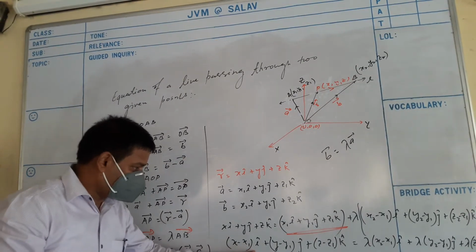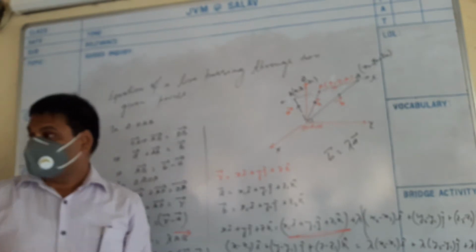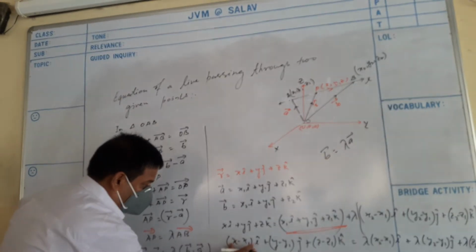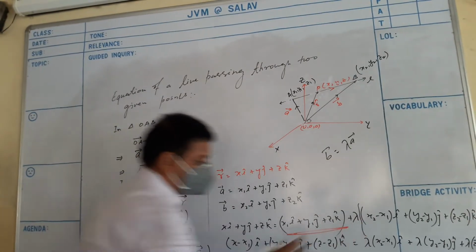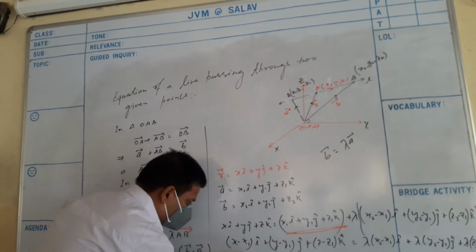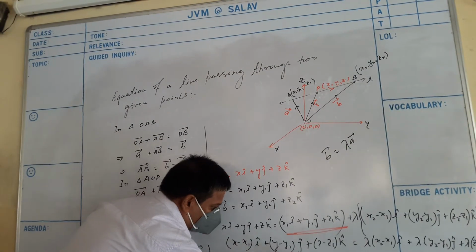Now equalize both. x minus x1 i equals lambda x2 minus x1 i. Compare. So x minus x1 is equal to lambda times x2 minus x1. So what is lambda?